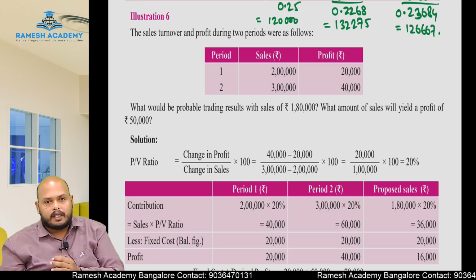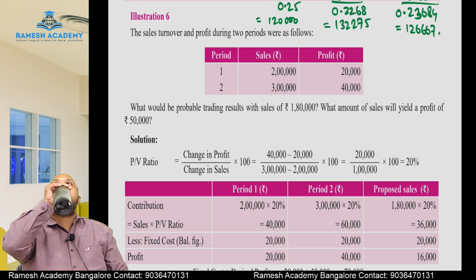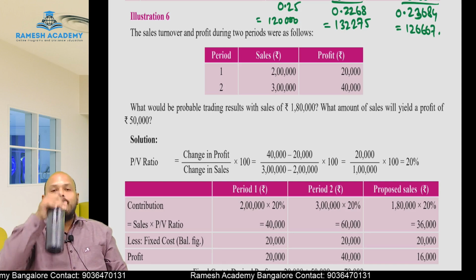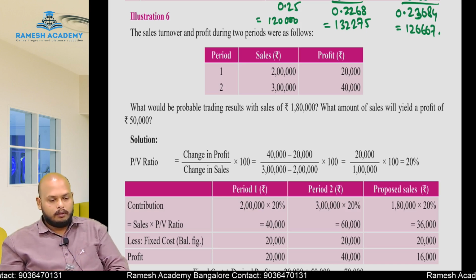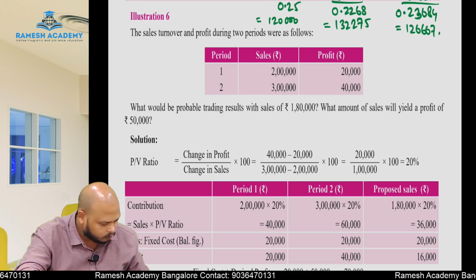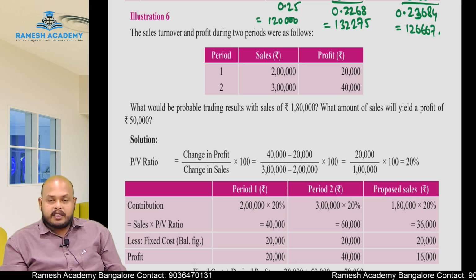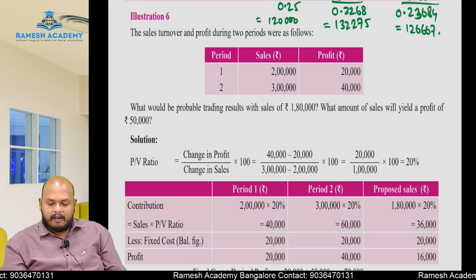Profit is 20,000. Period 2 sales 3 lakhs. How much is the profit? 40,000.